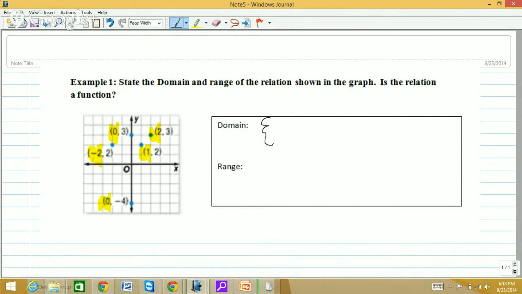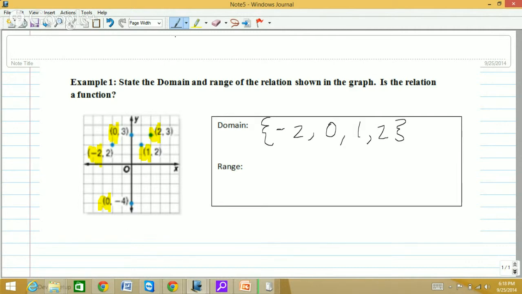So for our domain, I'm going to get a -2, 0, and there are 2 zeros. I only need to write it once, 1 and 2, and that would give me my domain. Domain means what x values does this take on. Range is going to be your y.